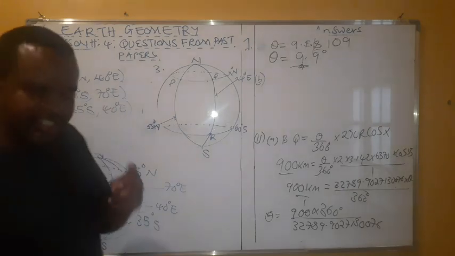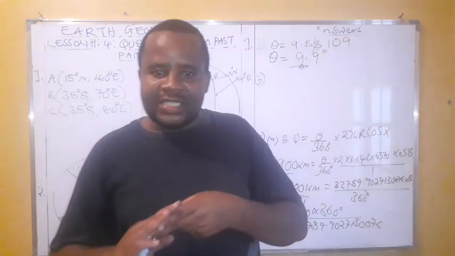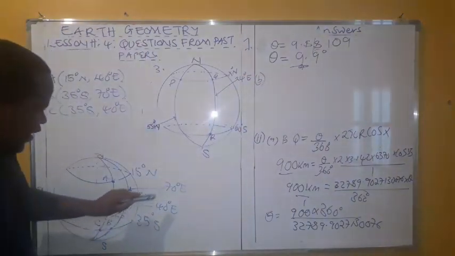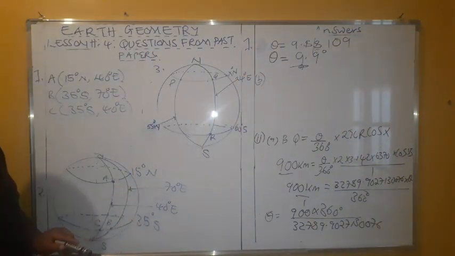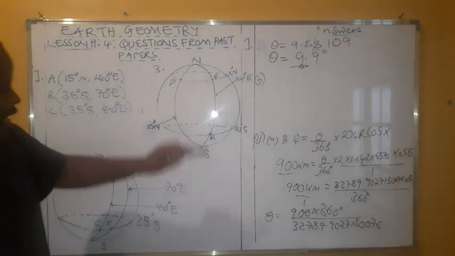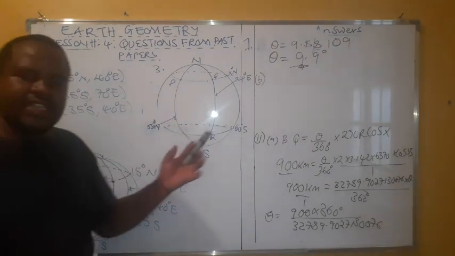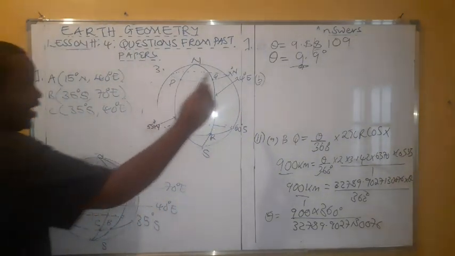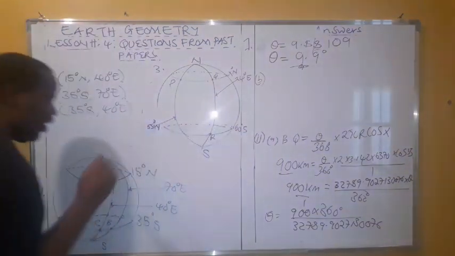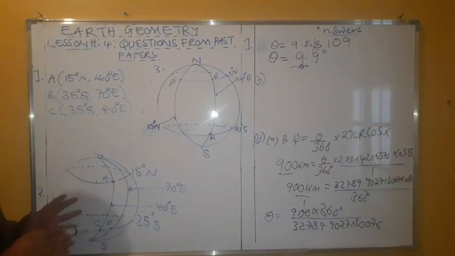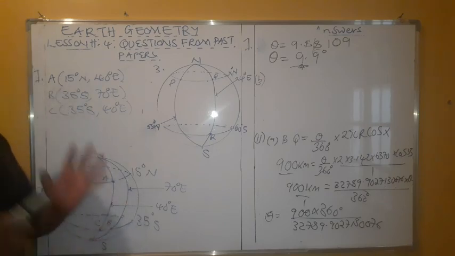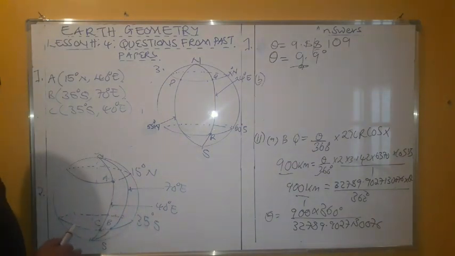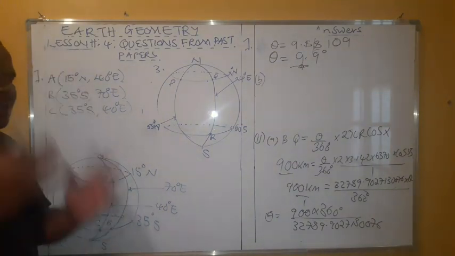If the difference in longitude is less than this one, then there was a subtraction. If it was greater, there was an addition. Since 9.9 is less than this one, there was a subtraction. And we subtract when points are on the same side of the meridian, if it is longitudes.